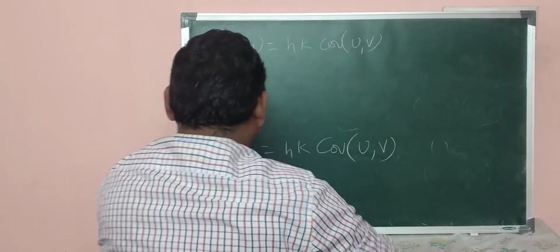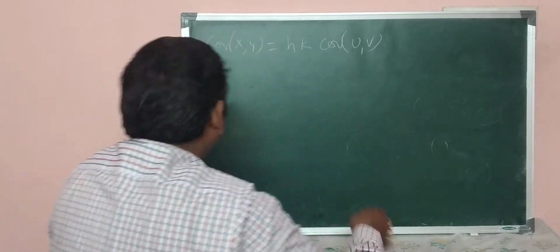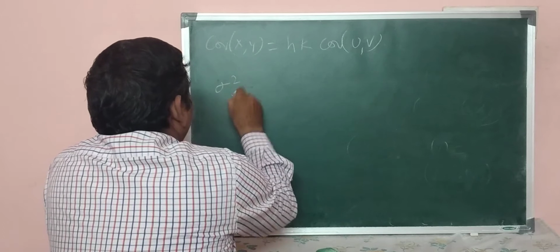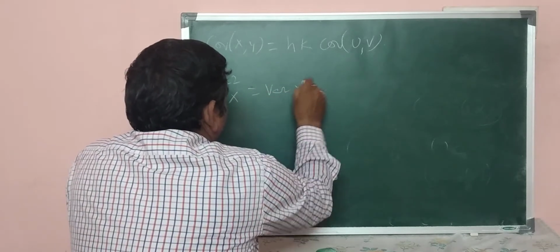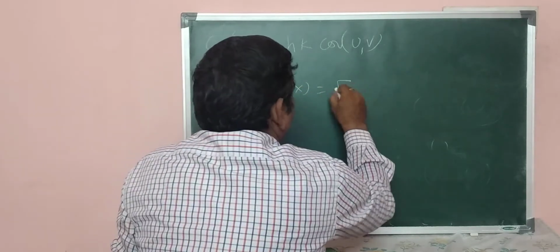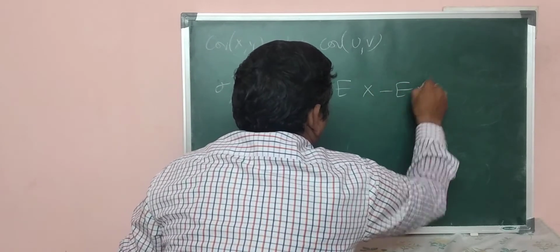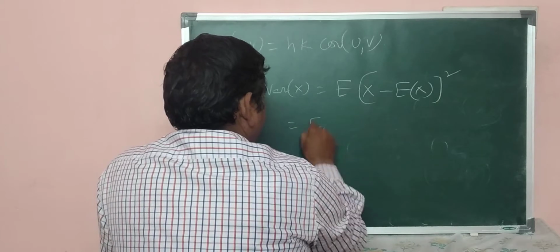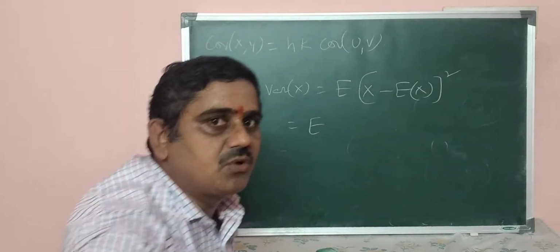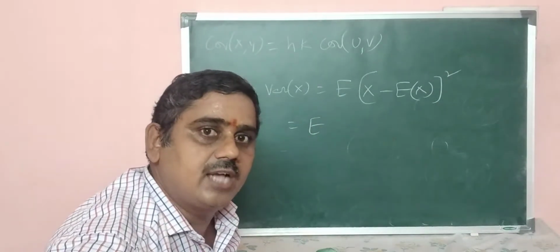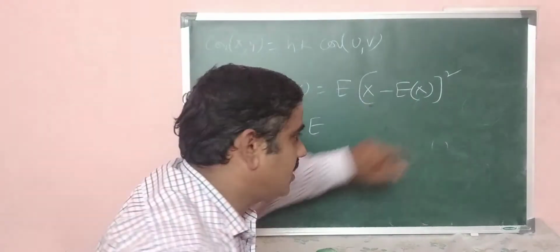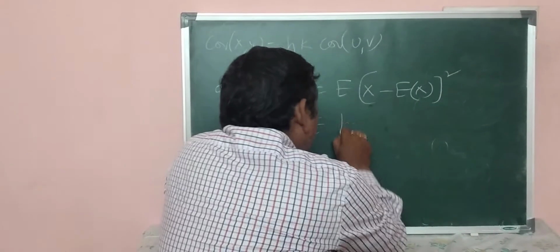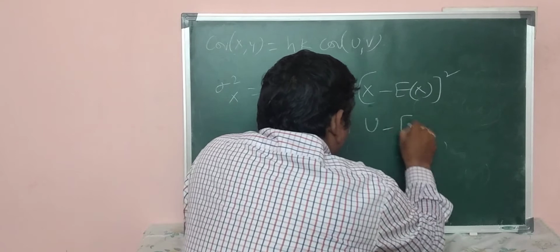Leave it, and then I am calculating the formula of sigma square x, that is variance of x. It is going to be calculated by expectation of x minus expectation of x whole square. So this is nothing but expectation of what is x minus expectation of x whole square? The value is h into u minus expectation of u.